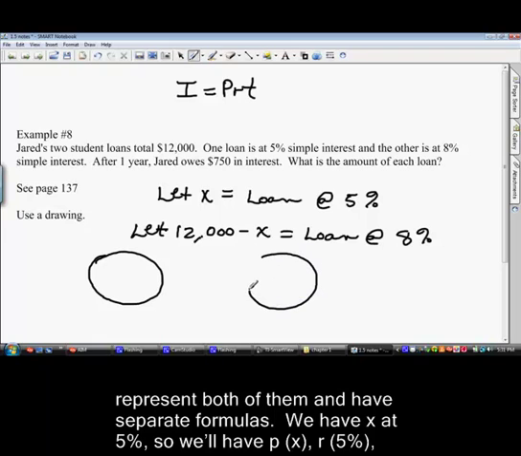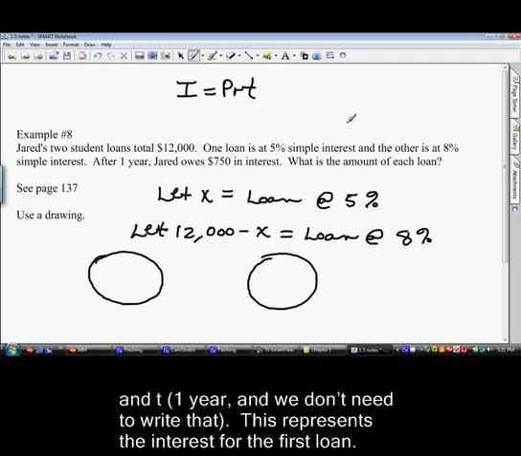We have this X value, this first one. It's at 5% interest. So if I'm trying to calculate the interest, I'm going to have P, which is X, R, which is 5%, and T. And this is that T, we're talking about a loan that is just 1 year long.